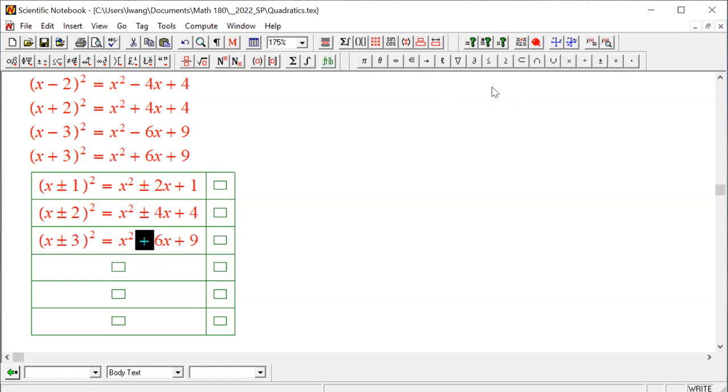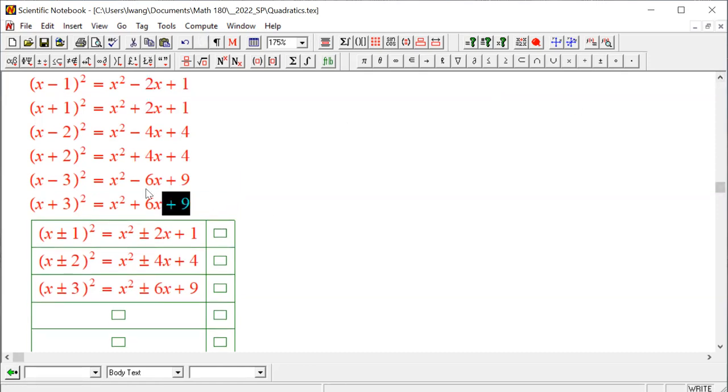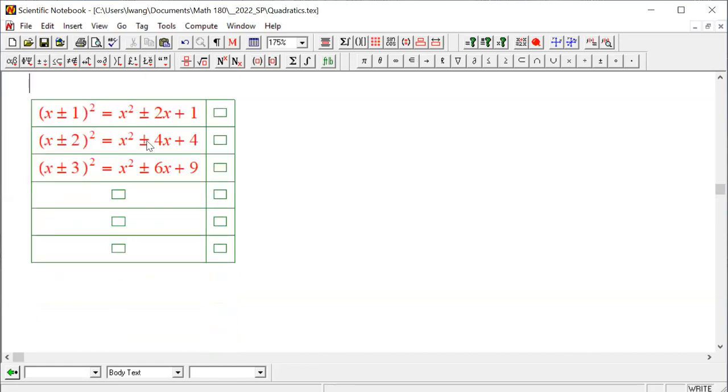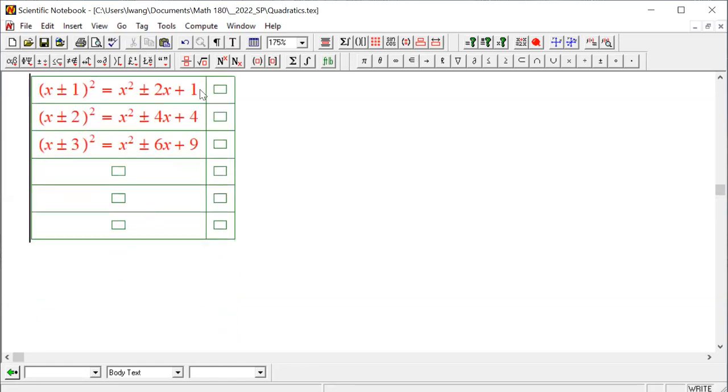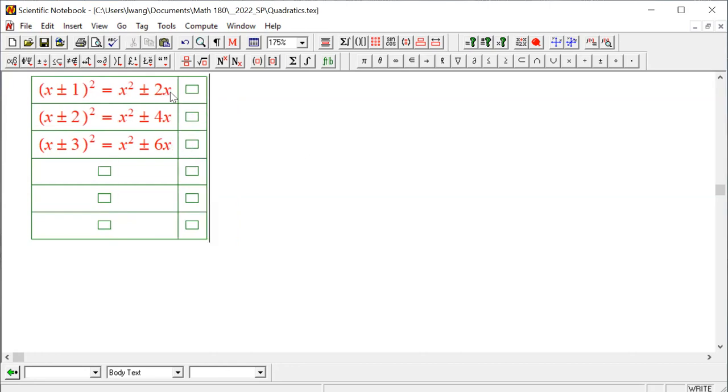So what pattern have you found? Have you seen this pattern? In order for you to see the pattern, I'm going to remove this number. Can you tell me what the next number should be to make it equal?